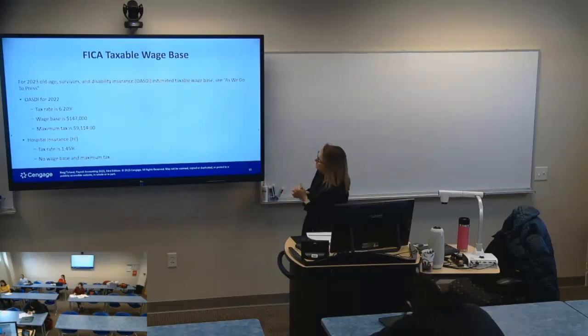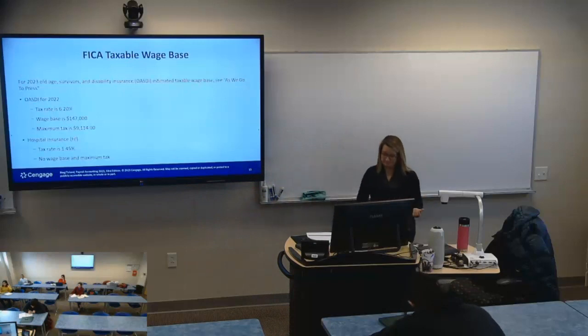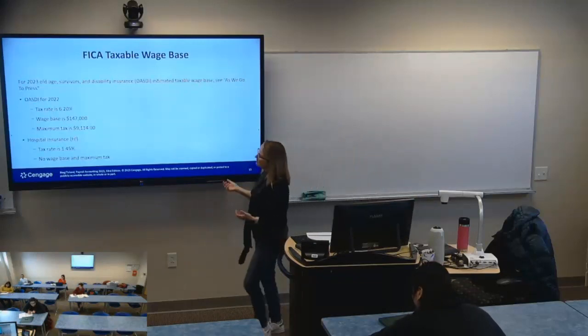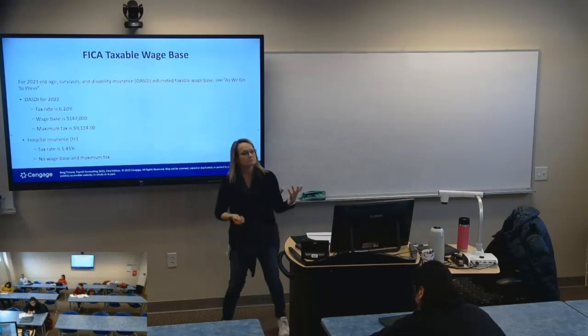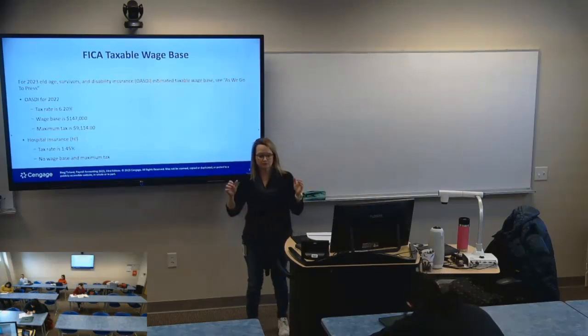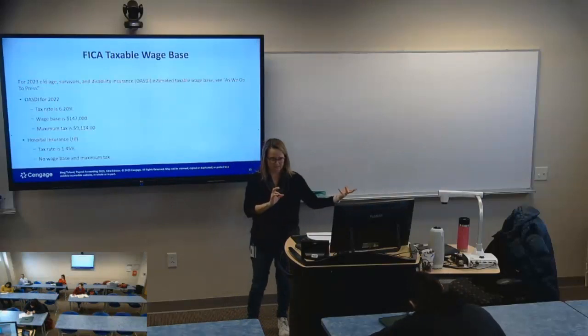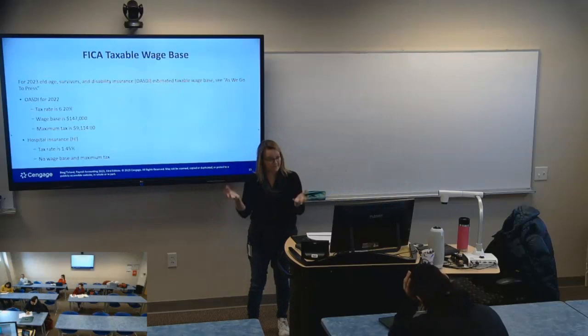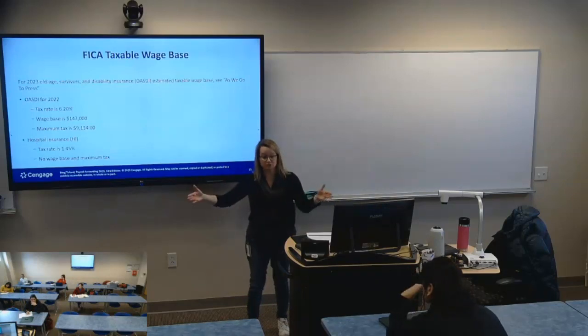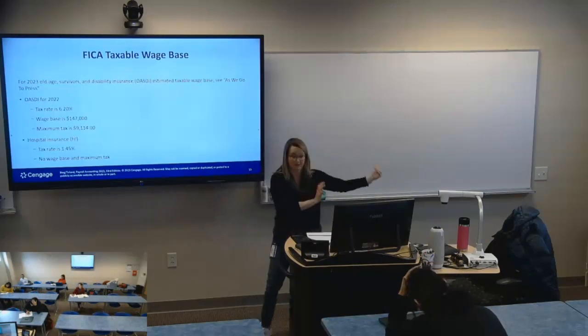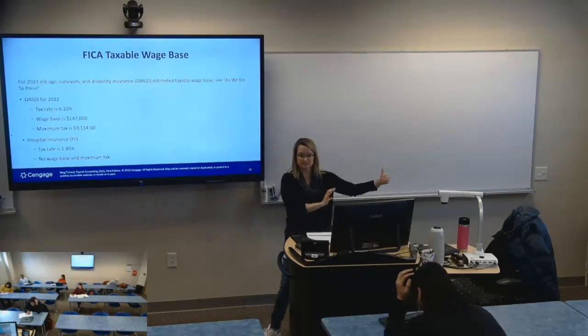Okay. So we're going to talk about FICA first. This is employees. Remember, there are two different components to calculating tax: the base for the tax, meaning how much is taxed and what exactly is taxed, and then the tax rate.